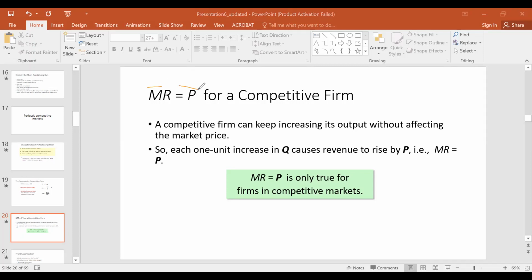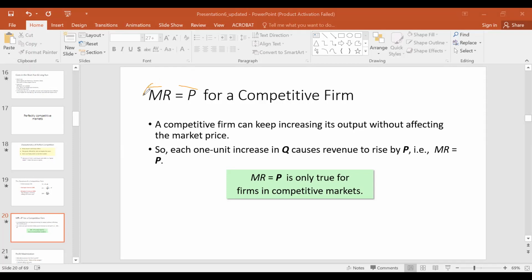A competitive firm can keep increasing its output without affecting the market price. We've said that. As a firm in a competitive market, the price is fixed. You can sell whatever amount you want. You cannot change the price.